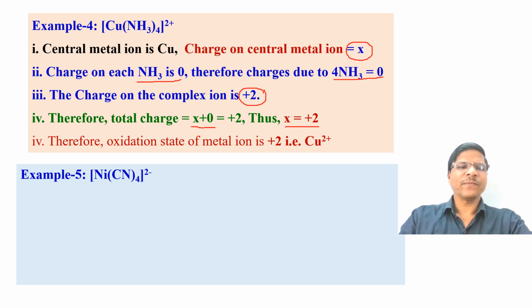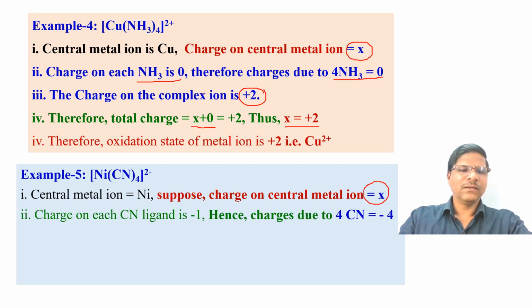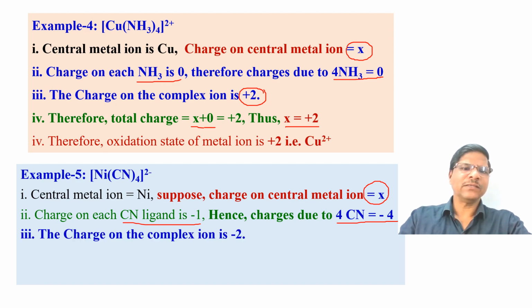Last example, [Ni(CN)4]2-. Again we suppose the charge on the central metal ion nickel is X. Each cyanide has -1 charge, so 4 cyanide give -4 charges.